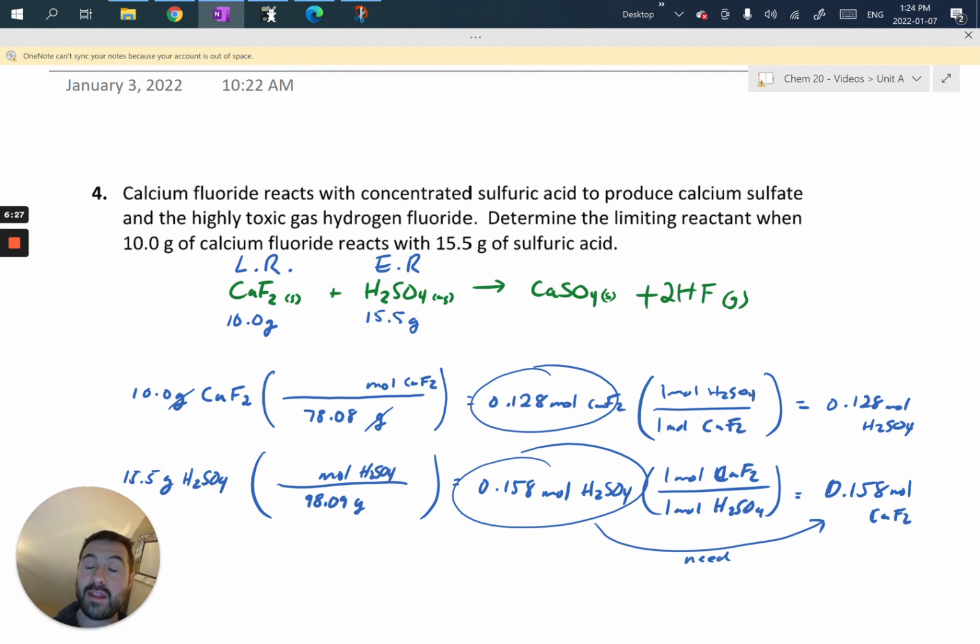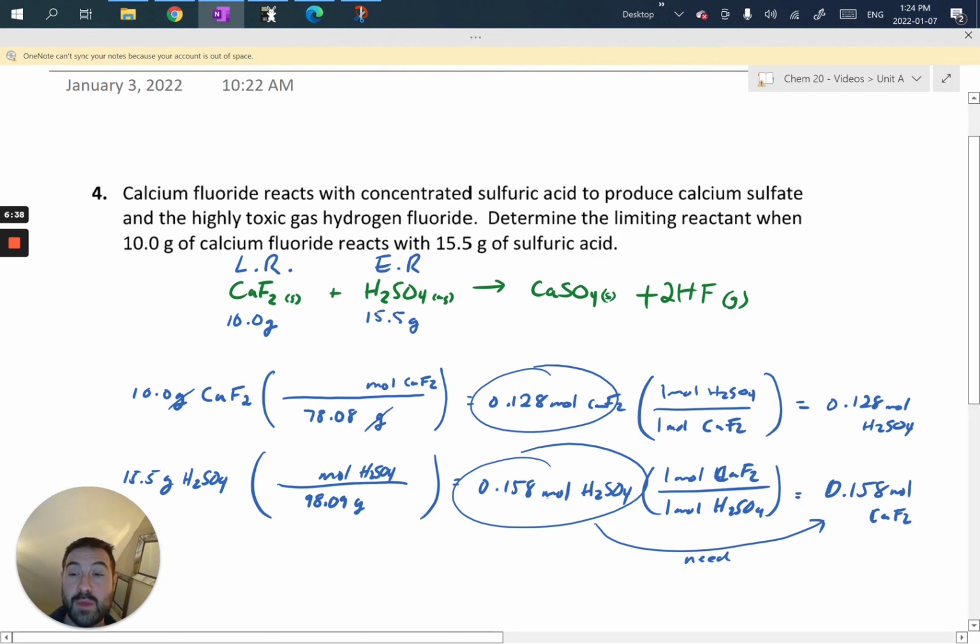The advantage of doing it this way is I could ask you how much of your excess reagent is left over. In that case, I could just look at the difference between 0.158, how much sulfuric acid I have, and 0.128, how much I need.